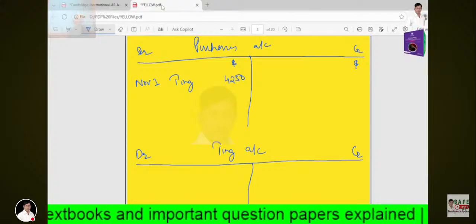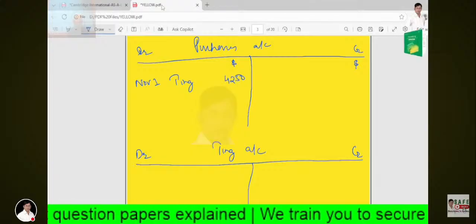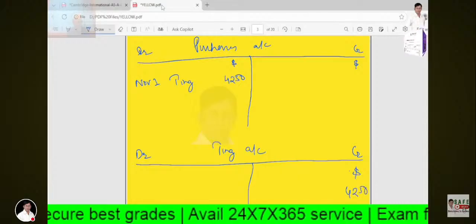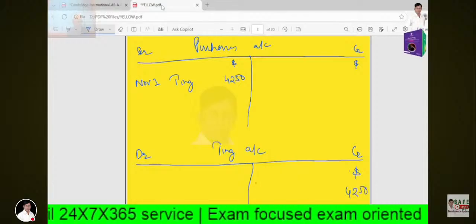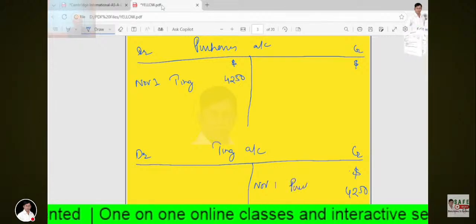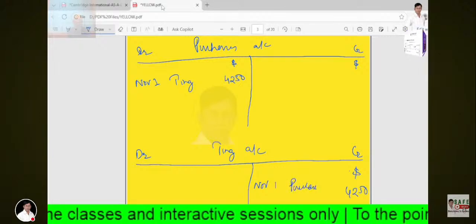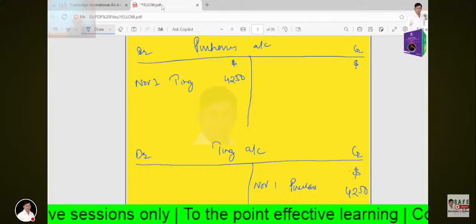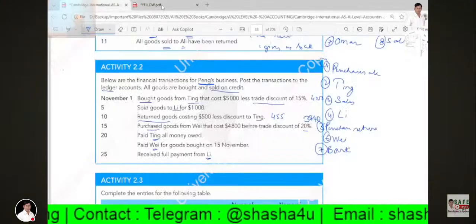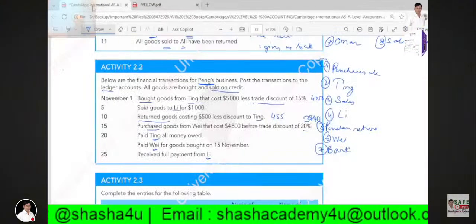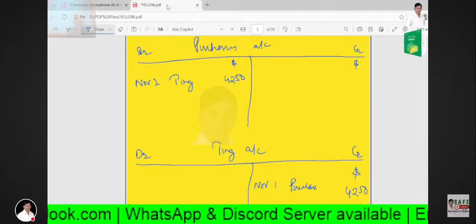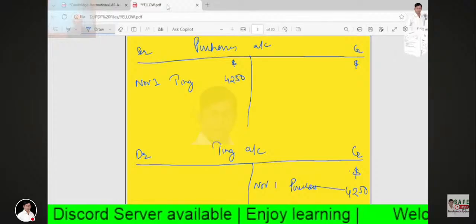When you purchase, Tinge gives, so his account will be credited, because we have purchased from him. So this is how we have to write. The entry is complete. Purchases account will be debited with Tinge. Tinge account will be credited with purchases.